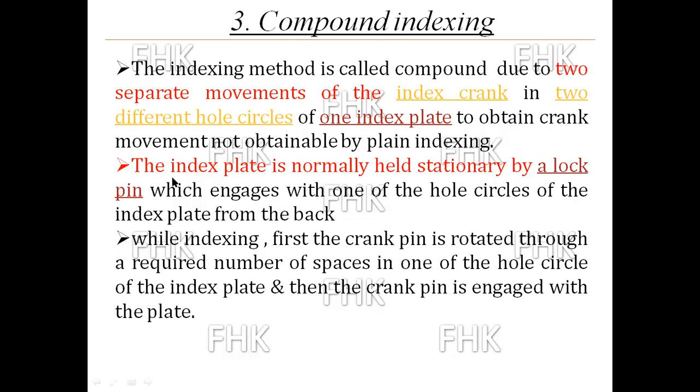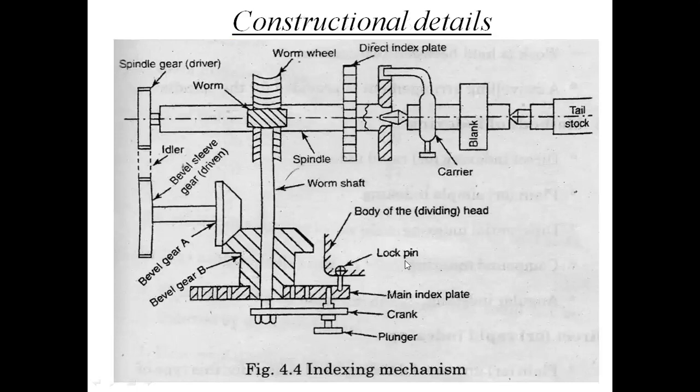The index plate is normally held stationary by a lock pin. See, this is the lock pin, and when that pin is connected with the main index plate, the rotation of that index plate is restricted. The index plate won't rotate in either direction, clockwise or anti-clockwise, when this lock pin is fixed with the main index plate.